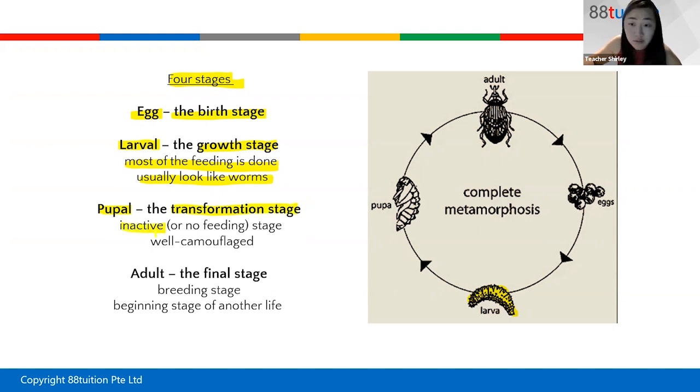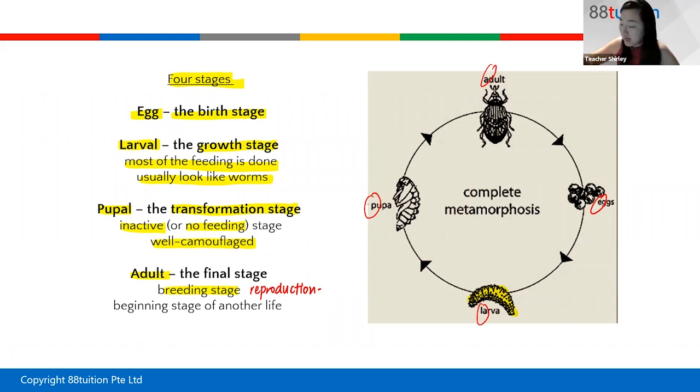It is inactive. It does not feed, and it's very well camouflaged. And the last stage, of course, is the adult stage, whereby same thing, it undergoes reproduction so that it will produce more of its own kind. Okay, so same thing, E-L-P-A.